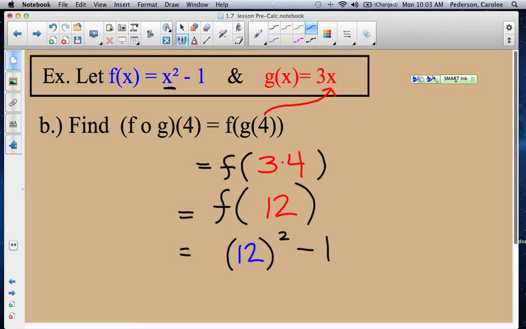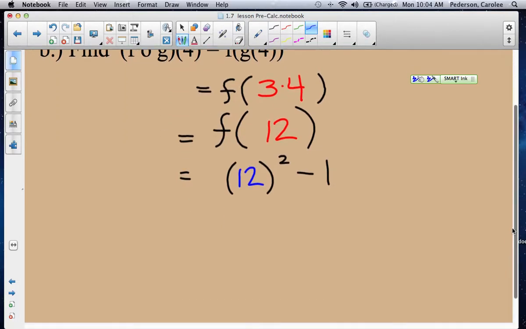So I'm going to replace that 12 with the x in the f of x function. So now 12 times 12 is 144. And then I have minus 1, which is 143.